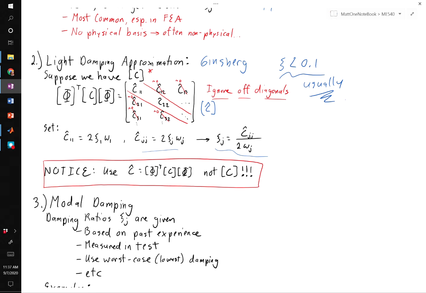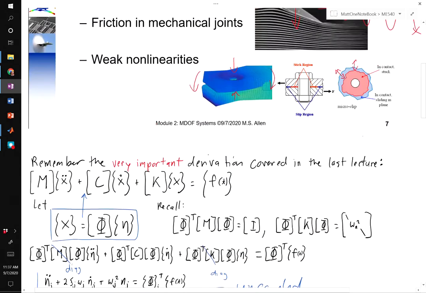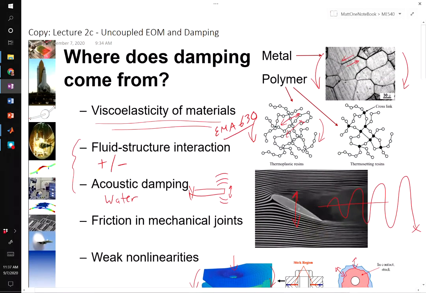Okay, but this assumes that we have a damping matrix C. And in many cases, C is totally unknown. For example, how would we know the C matrix for this material here, right? It would take a lot of computation and simulating grain boundaries and all kinds of things possibly to come up with that.